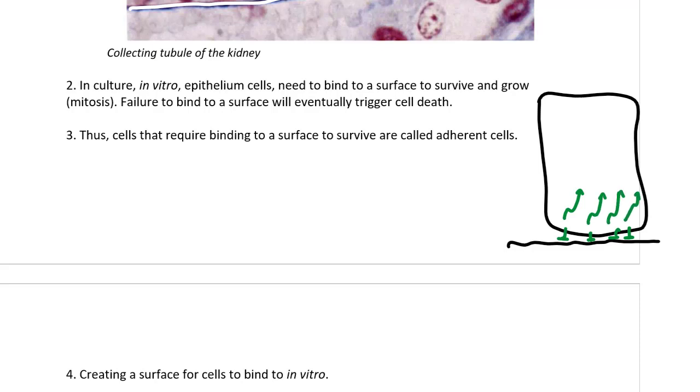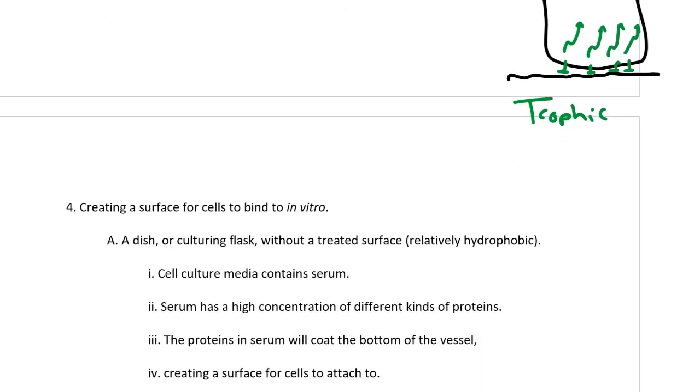And these are called trophic signals. Okay, trophic signals, survival signals. So what do trophic signals do? Trophic signals basically inhibit apoptosis, programmed cell death.